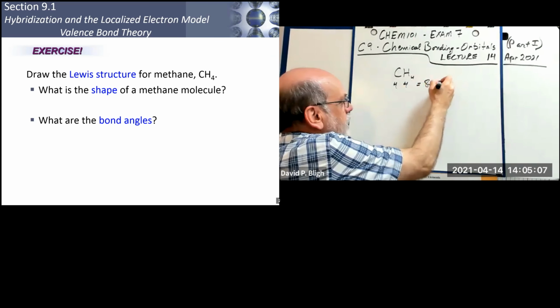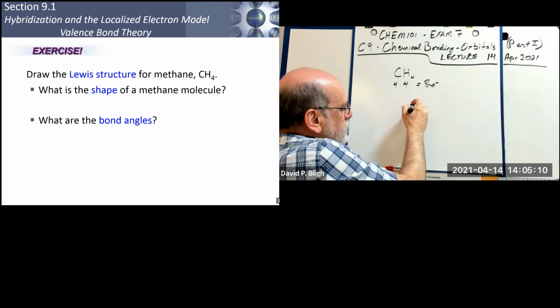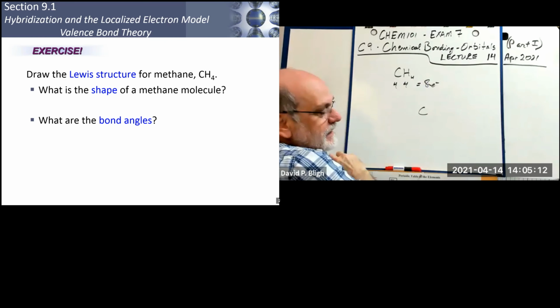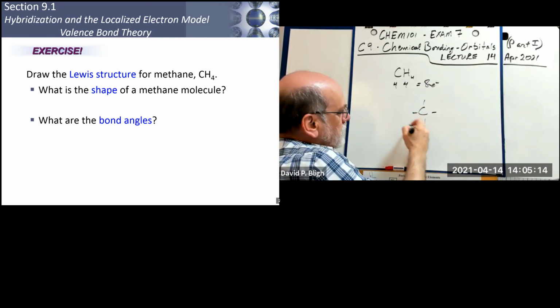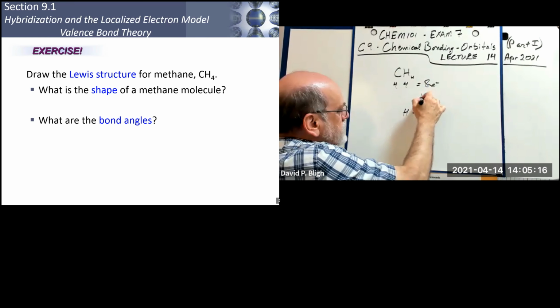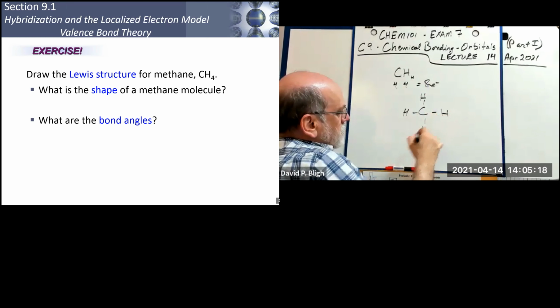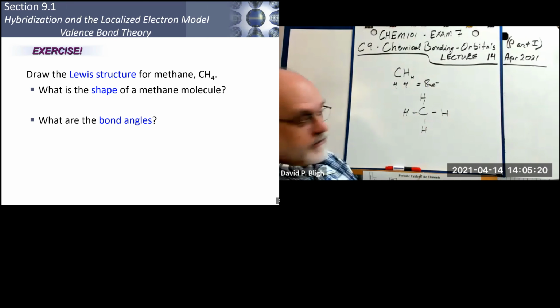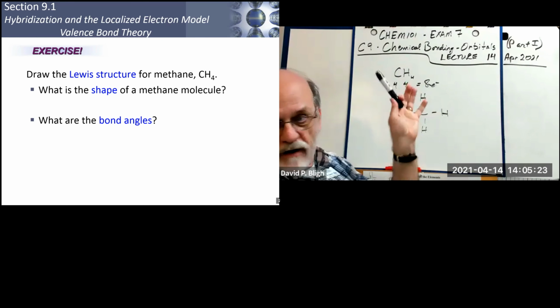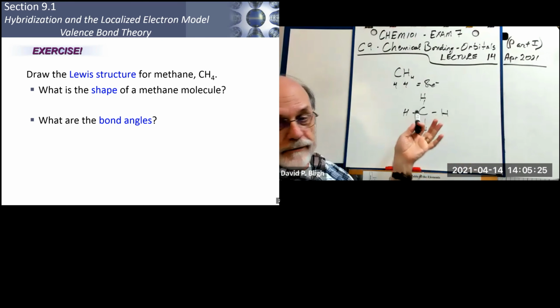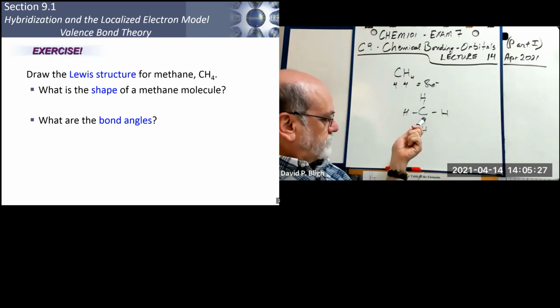So we have 8 electrons. Now the Lewis structure will put carbon in the middle, and then each of these hydrogens around here like that. Okay, so that's everything. 2, 4, 6, 8. All the electrons are used. That's all you can do with them.